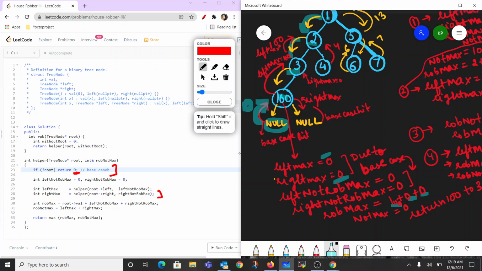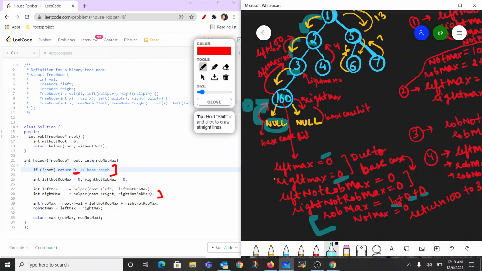But out of them, which is maximum? That is 100. So 100 would be returned to 3, that is its parent caller. Now 3 has left max value as 100, and as right max is already null, it will have that value as 0.